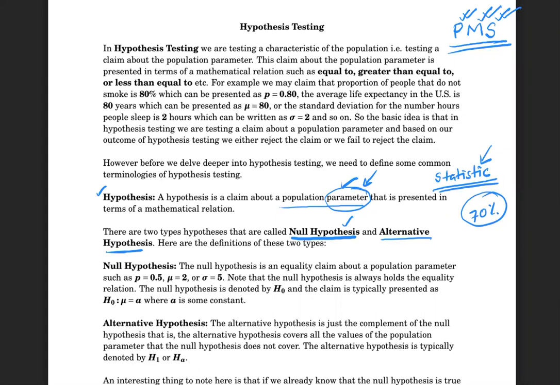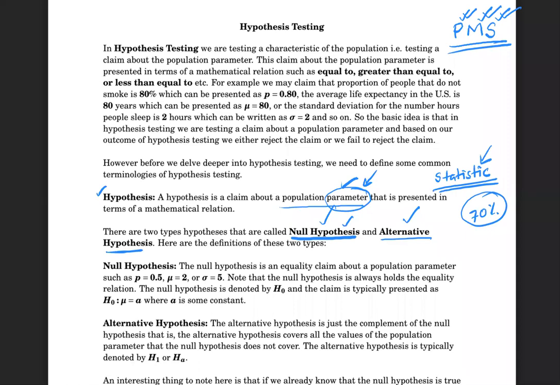That is the null hypothesis. Innocence is the null hypothesis, and the alternative is going to be guilty.